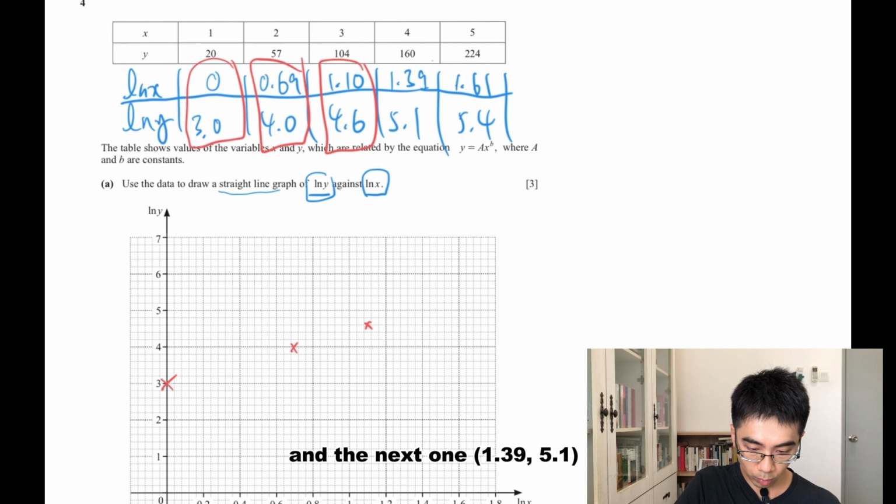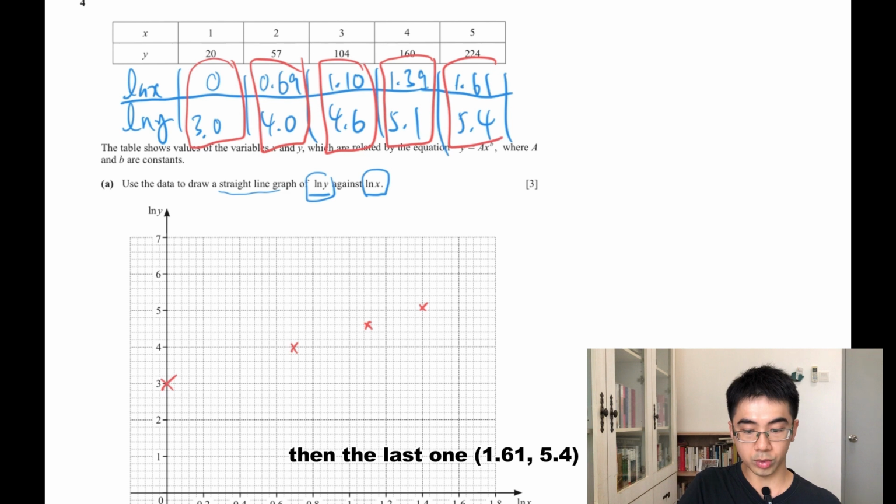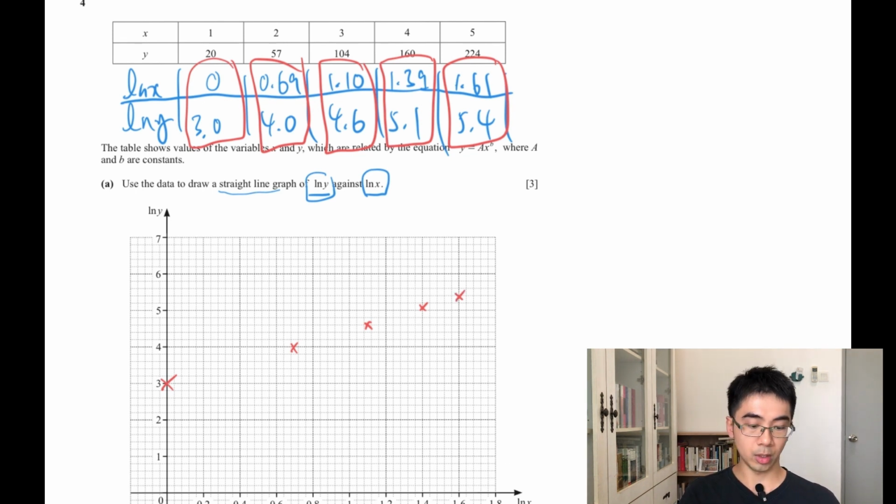And the next one, 1.39 and then 5.1. Maybe I will just use 1.4, and 5.1 should be somewhere here. And then the last one, 1.61 and then 5.4. I just use 1.6, and when it is 1.6, 5.4 should be here.